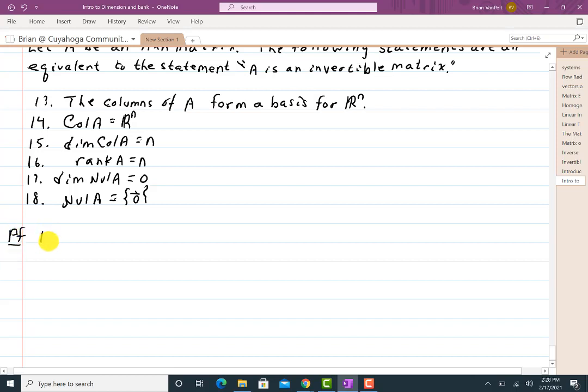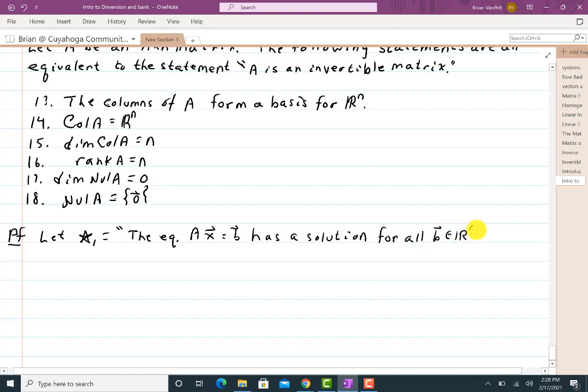Proof. I'm going to let star 1 equal the equation AX equals B has a solution for all B in Rn.